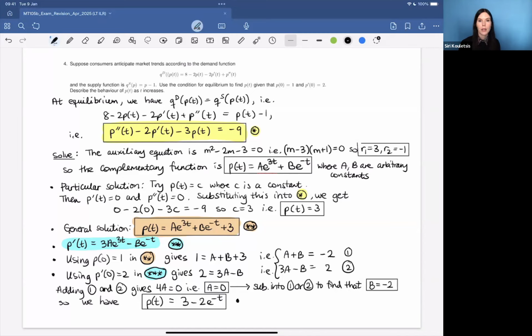And then we want to see what happens to this expression as t gets larger and larger. And as t increases, the term minus 2 e to the minus t increases to 0. And so p of t increases to 3 as t increases.